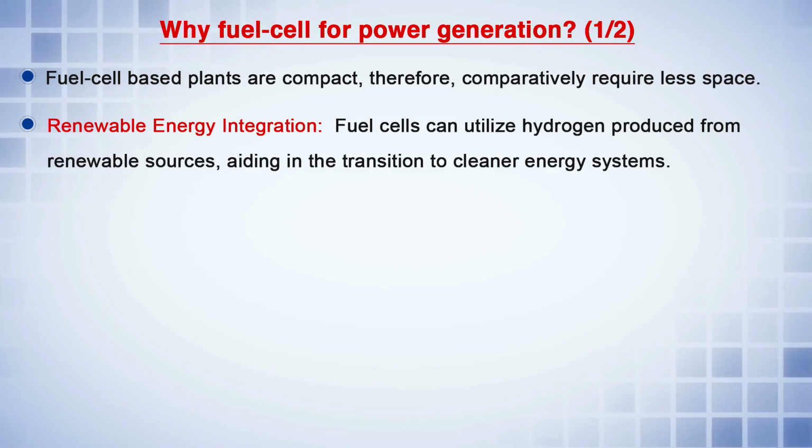Also, the fuel cell can utilize hydrogen that can be produced from renewable energy sources such as a solar plant or a wind power plant, aiding a cleaner energy transition. So the fuel cell can be considered a clean energy if we use renewable energy for hydrogen production.